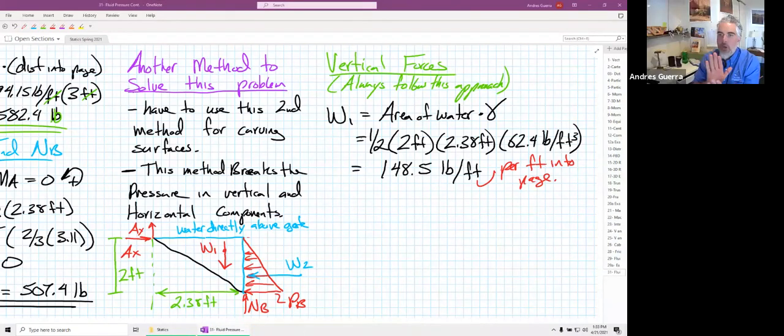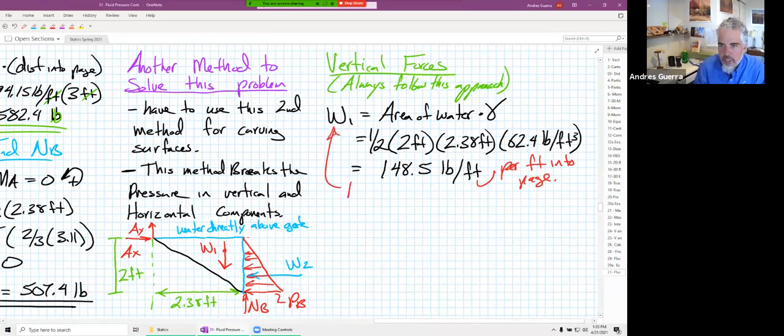If we took a volume of water, wouldn't that be cubic feet? And then we multiply by 62.4, and that would give us pounds, wouldn't it? Well, I do the area of water only because then it matches with our pressure stuff that we're going to do. So this is still a distributed load.